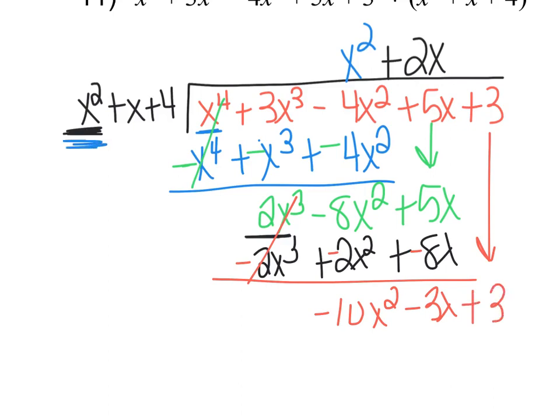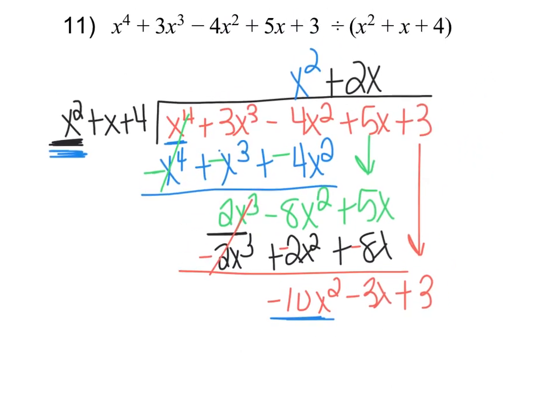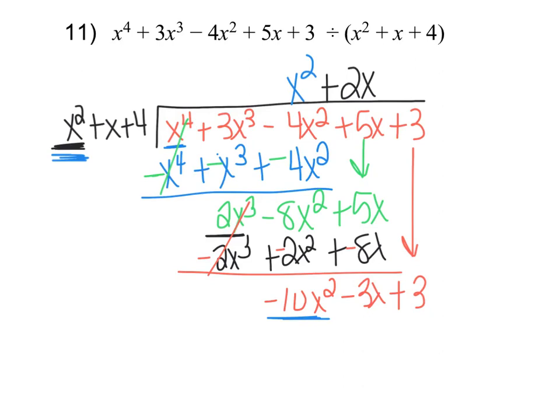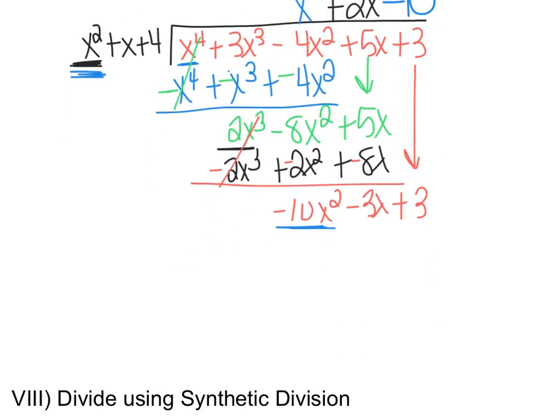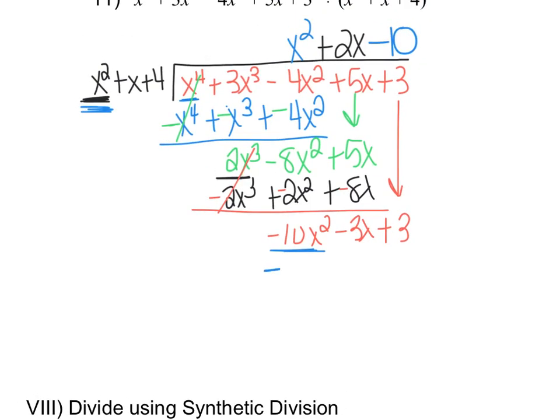And I do the same thing again. How many times does x squared go into negative 10x squared? Well, it goes in negative 10 times, so I can put negative 10 up here on top, and I multiply all the way through, and I get negative 10x squared minus 10x minus 40. Again, I've got to change my signs.